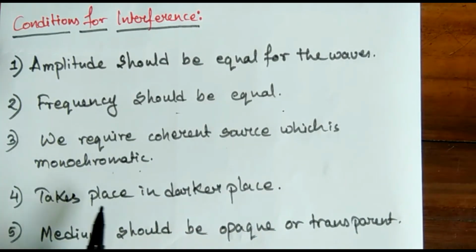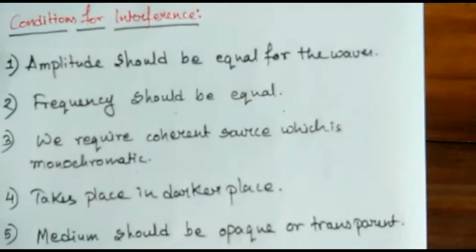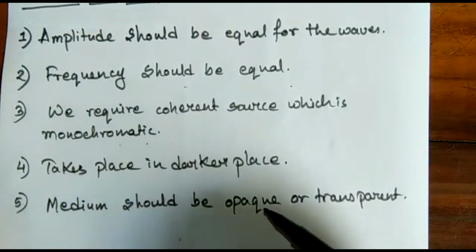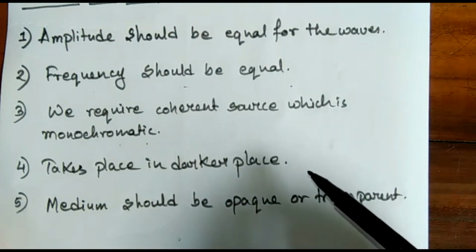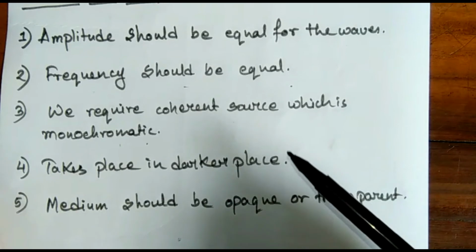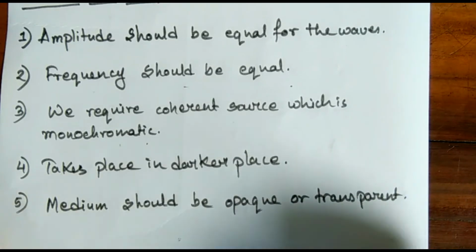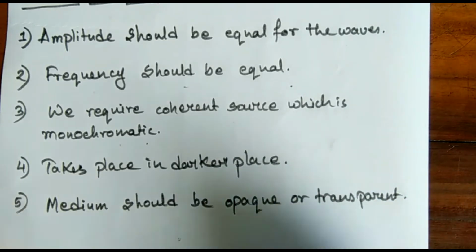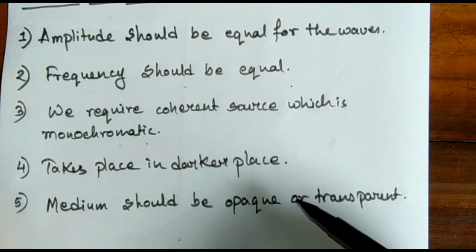And then interference should take place in a darker place. That is, interference cannot take place in our surroundings, in open air, because what is the atmosphere made of? It consists of white light, which has 7 colors in it.